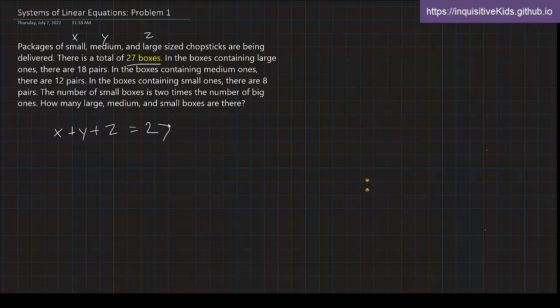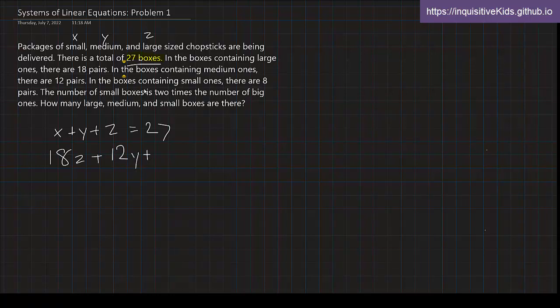Let's look at the next pieces of information. In the boxes containing large ones, that's Z, there are 18 pairs. So 18Z, because there are 18 pairs of chopsticks per one of these boxes. In the boxes containing medium ones, there are 12 pairs, so 12Y.